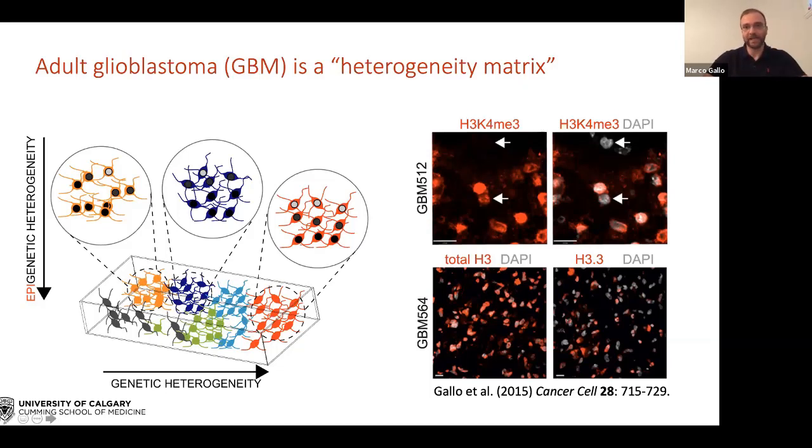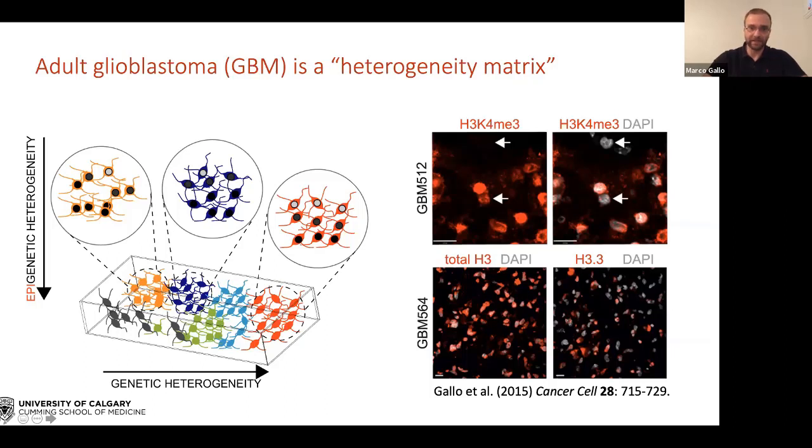I'm just providing here some examples of epigenetic heterogeneity. We observed this kind of heterogeneity both at the levels of DNA methylation and at the level of histone post-translational modification. So here you see, for instance, cells that are highly positive for K4 methylation, others that have lower levels or undetectable levels. And it also extends all the way to histone variants.